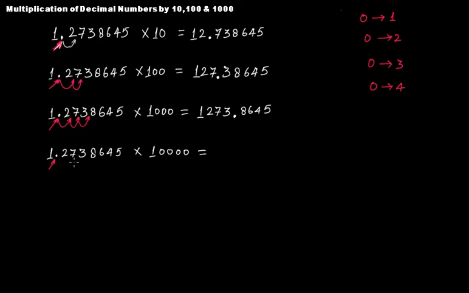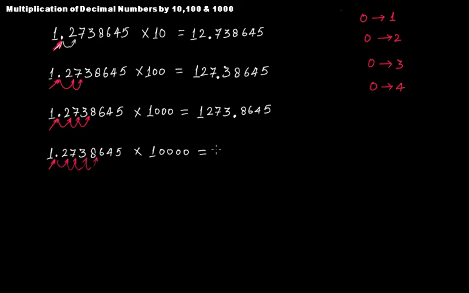It means that this decimal point will move towards the right 4 times, that is, it will be placed after the 4th digit. So first jump after the first digit, after second digit, after third digit, and then after 4th digit. So you'll count as many digits as we have zeros here. So 1, 2, 3 and 4.